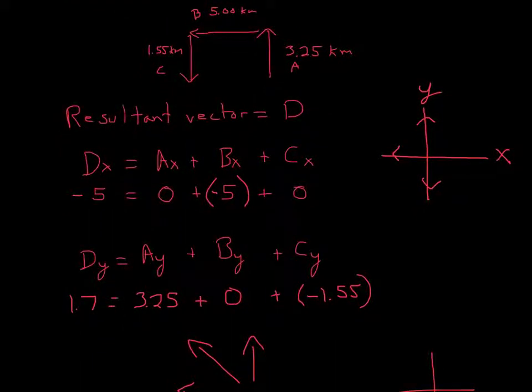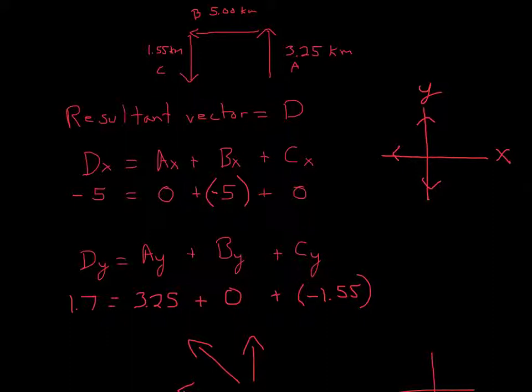Moving on to the y component of D. So here we have A, B, and C. Starting from A, once again, it's completely on the y-axis, meaning since no part of it is on the x-axis, all of it will be the y component. So it'll be 3.25. B, since it's completely on the x-axis, no part is on the y, it'll just be 0.